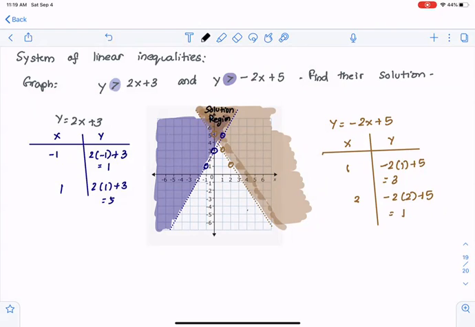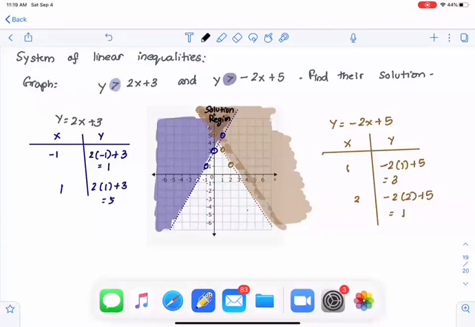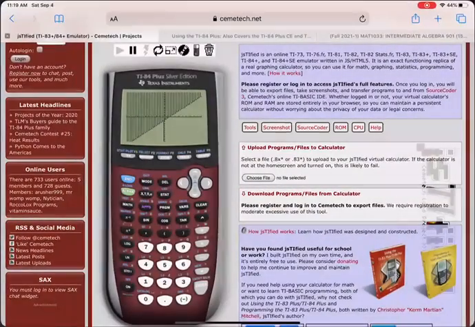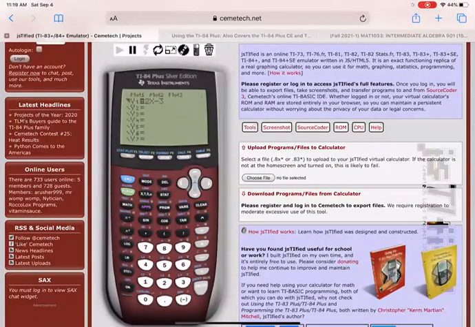Now, how do we go about doing this using a calculator? Going to look at the first line, 2x plus 3, and the sign was greater than, so up, move to the right so that we can set it.